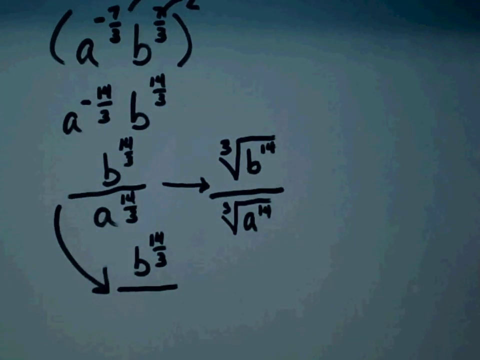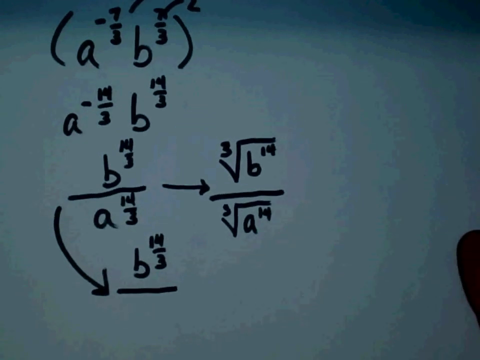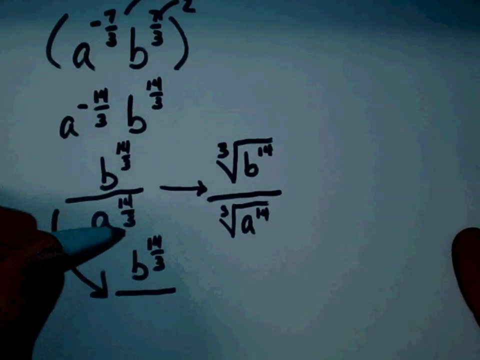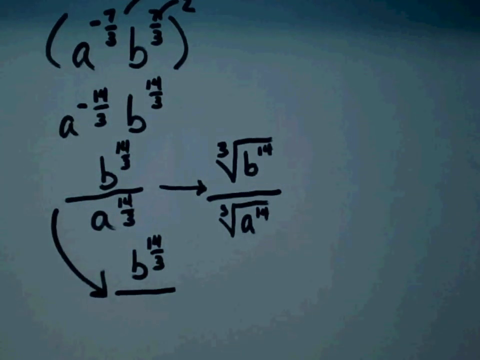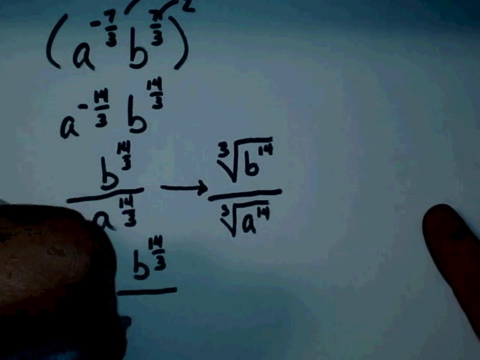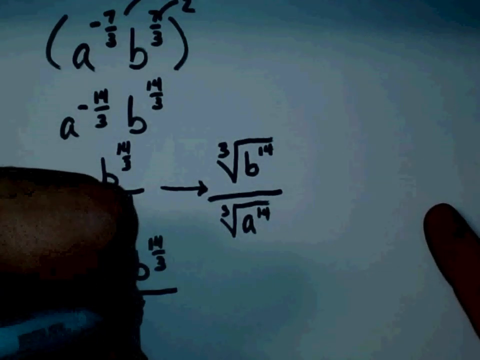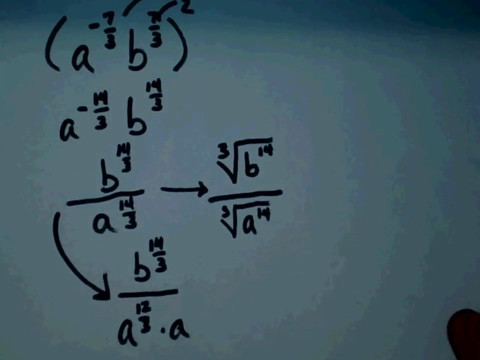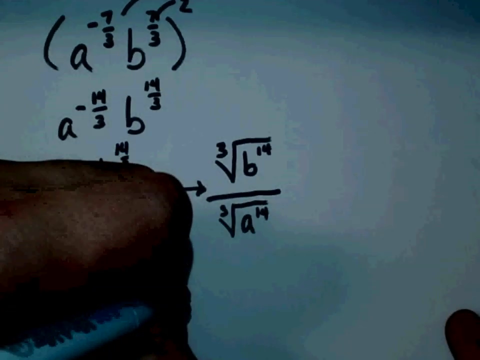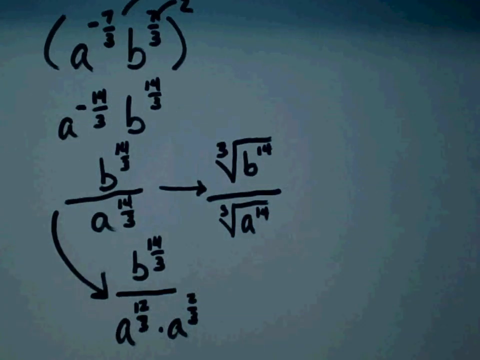The bottom, if we go by the same concept we did up there, because I want to create a whole number right here, what times 3 gives me 14 that doesn't go over 14? 3 times 4 is 12, and the next one is 15. 3 times 5 is 15, and so this is really going to be a to the 12 over 3 times a, and what's left over? 2 over 3.